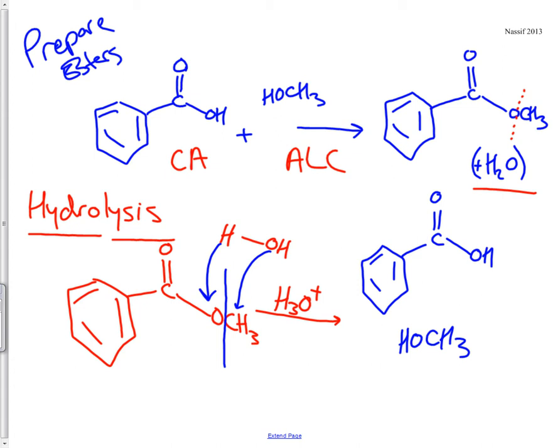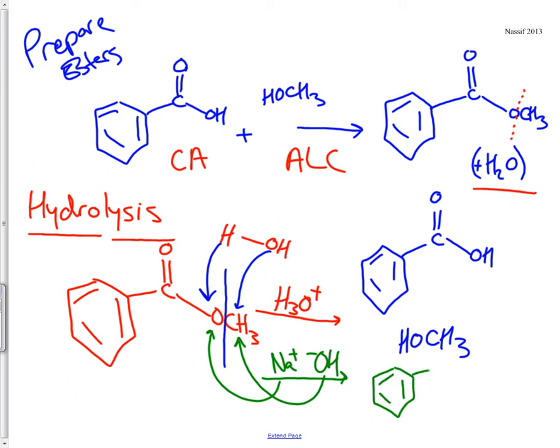Now, this is acidic hydrolysis. Basic hydrolysis is slightly different, but maintains some of the same concepts. Basic hydrolysis would use something like sodium hydroxide. In that same light, the sodium will attach here, the hydroxide ion will attach here. Our final products would then be our carboxylic acid salt and our alcohol.